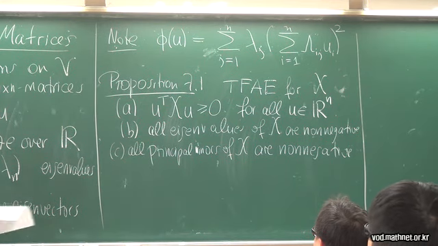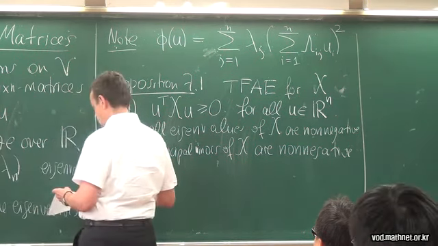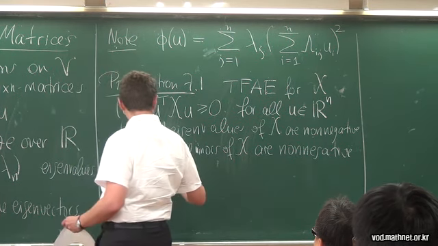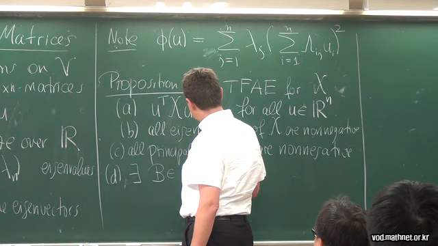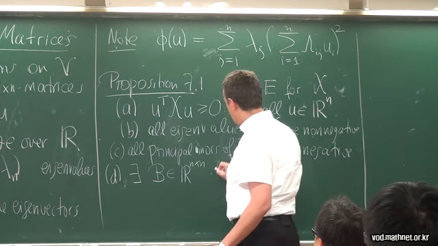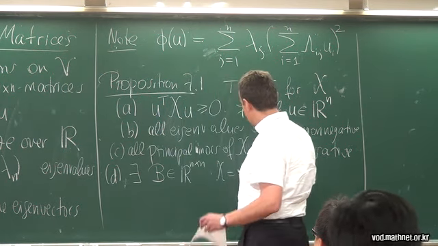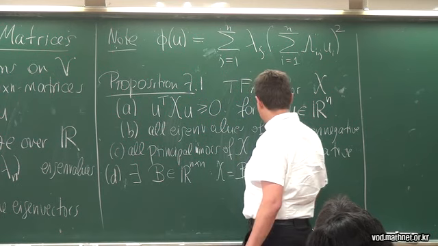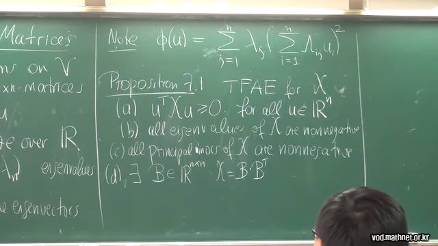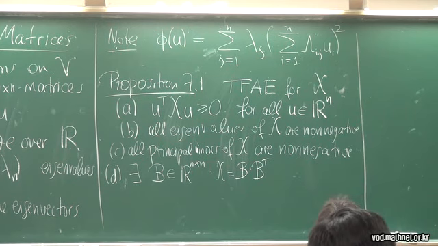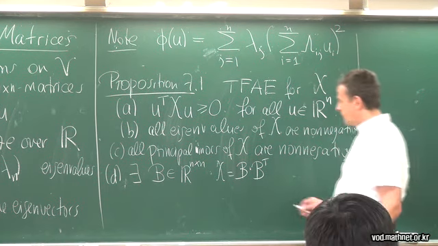D is there exists a matrix B, an n by n matrix over the real numbers, such that X can be factored as B times B transpose. So that says the matrix X has a square root in this sense. We can factor X as B times B transpose over the real numbers.